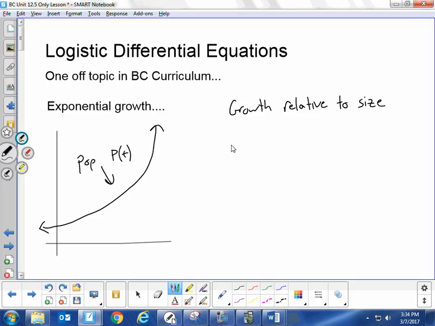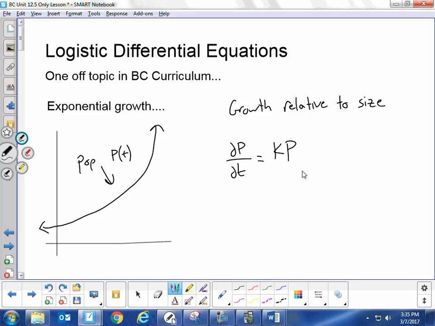We can say that the change in my population with respect to time is relative to its own size. So it's depending on the population size multiplied by some constant, we would get the differential equation for something that grows exponentially quickly, or slow, or something that decays exponentially quickly.